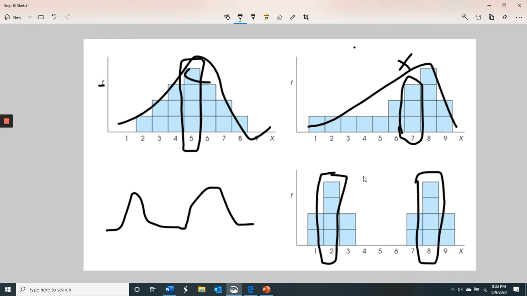So we can actually use both of these numbers. 8 and 2 describe the center of the data. In this case, they're modes. And if we have a distribution like this, with 2 modes, we would call it bimodal, like bicycle, bimodal.